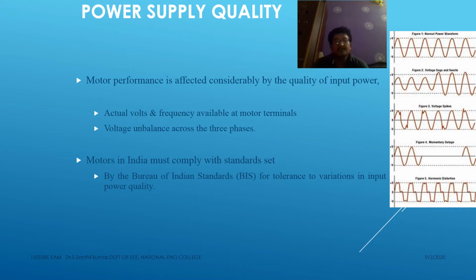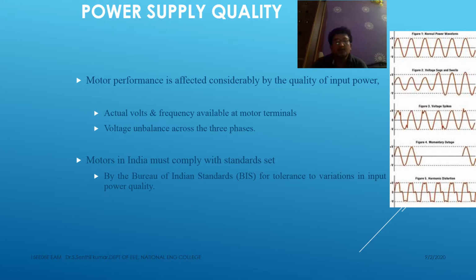If the frequency of the input at the motor terminal changes, the motor performance is going to be affected. And next is the voltage unbalance across the 3 phases. If voltage unbalance occurs across the 3 phases at the motor terminal, surely it is going to affect the motor performance.